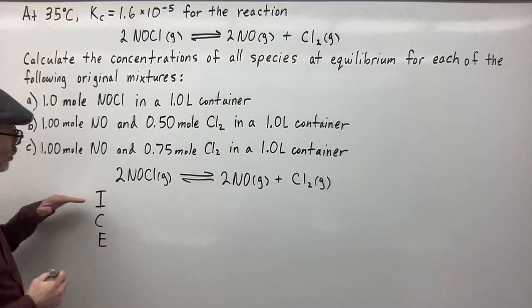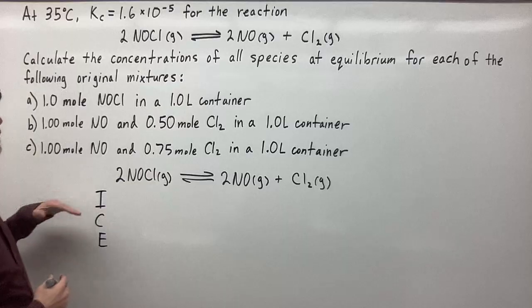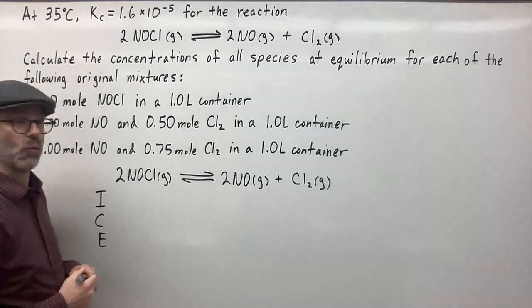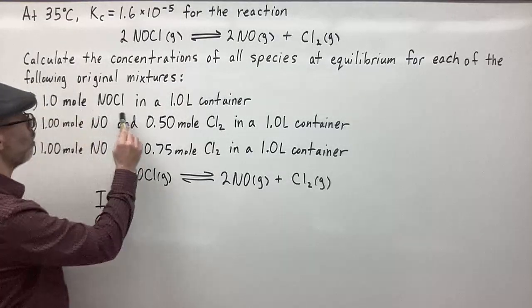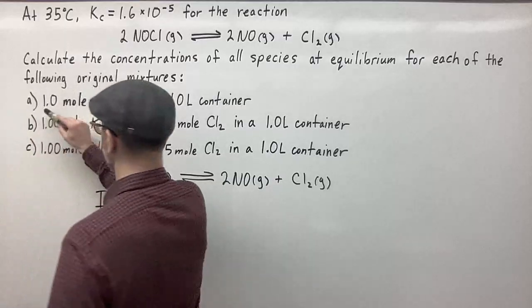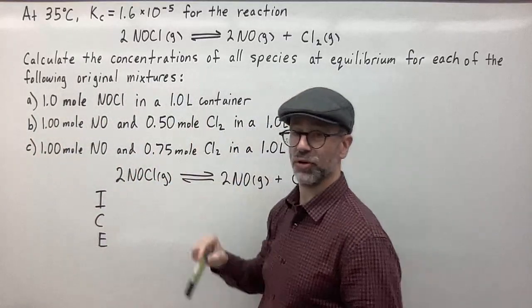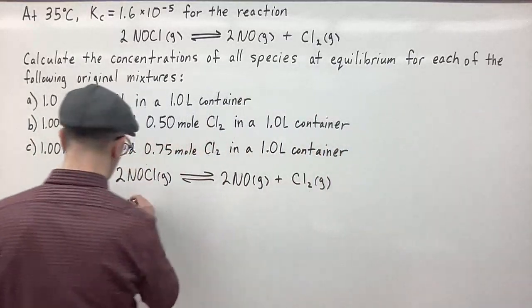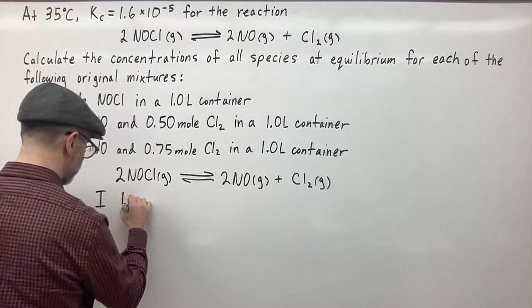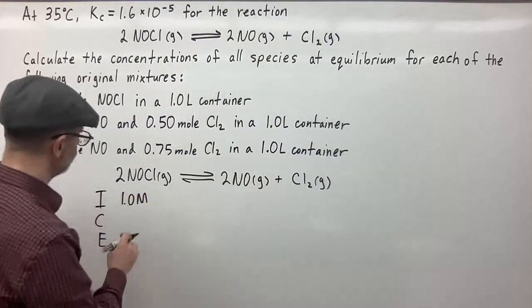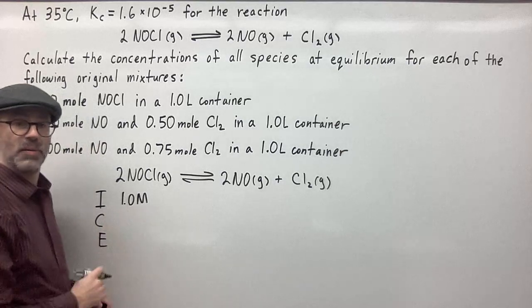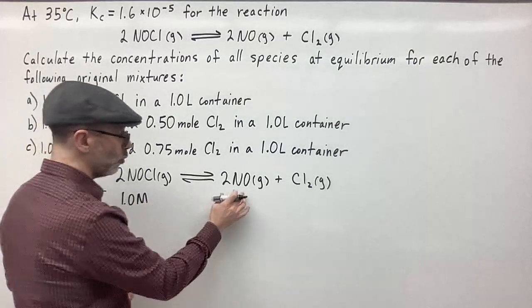The initial amount that I'm starting with is 1 molar. So 1.0 moles in 1.0 liters is 1 molar, so we're going to have 1.0 molar to start with here. But then we don't have anything here.